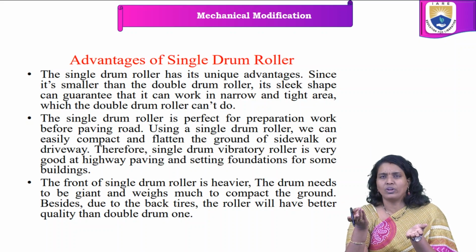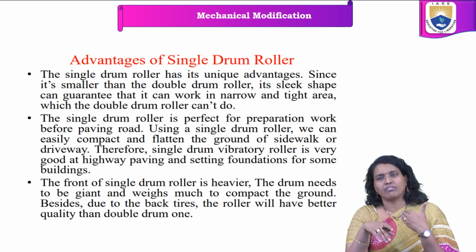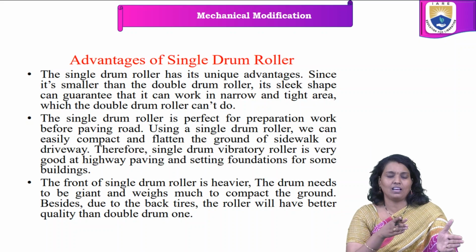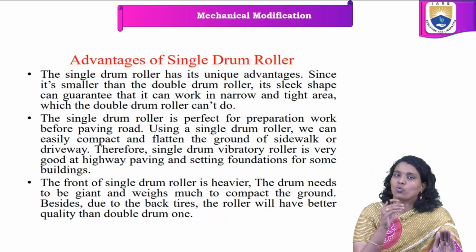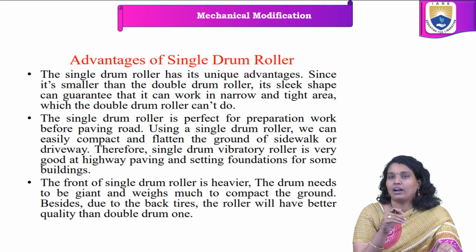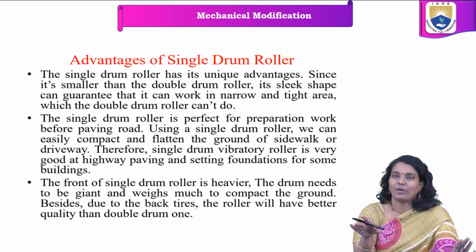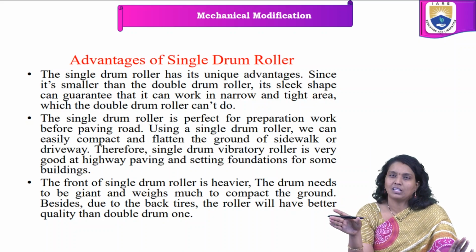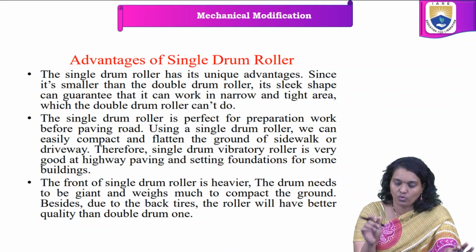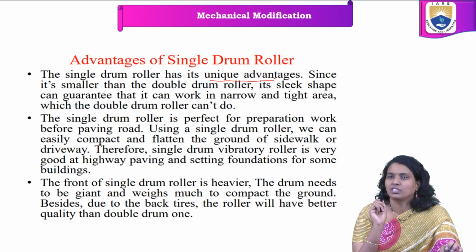We can roll it and take all the advantages of a drum roller, maintaining the quality and quantity which we require, without compromising any parameters or properties which we get from the double drum roller. This is one of the unique advantages of the single drum roller.